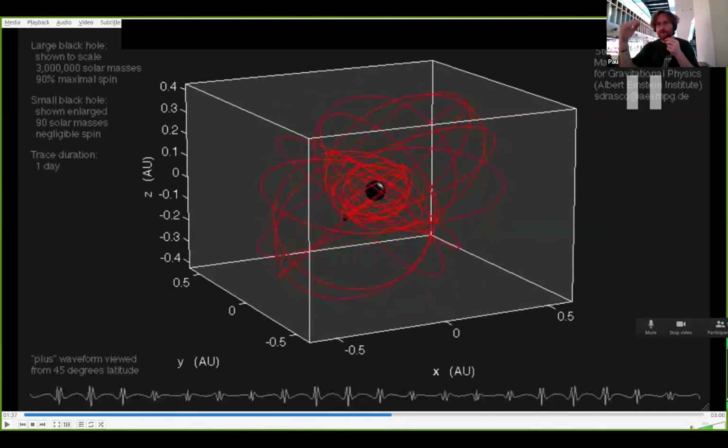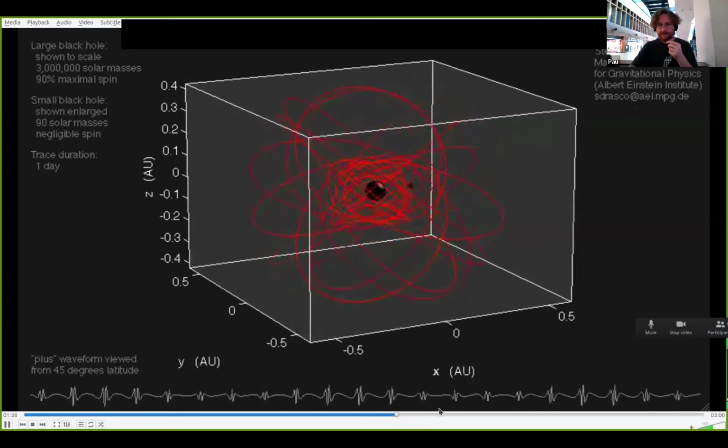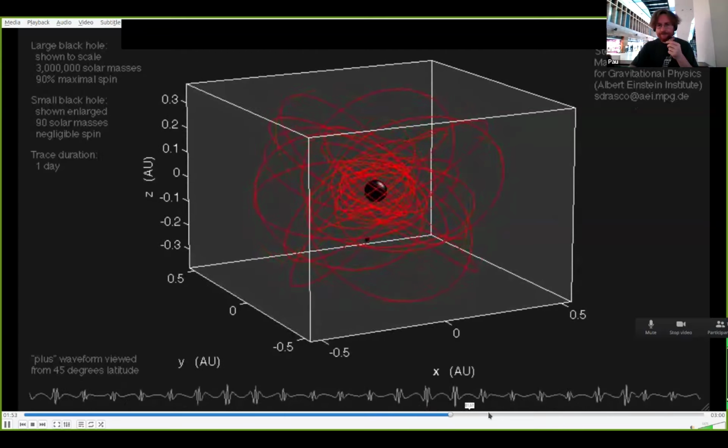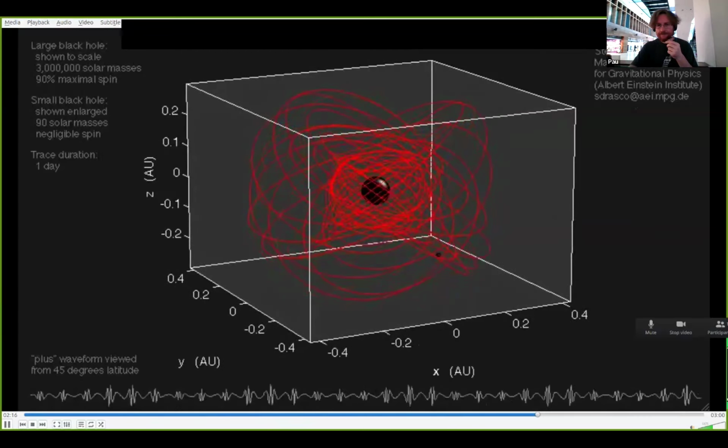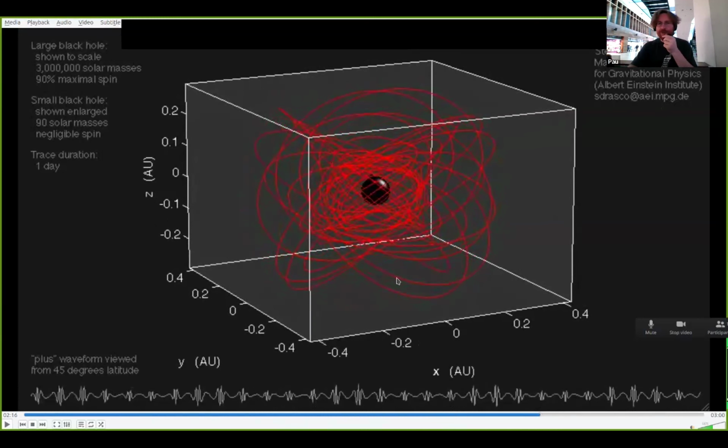You hear how the frequency is going up. We say in gravitational wave astronomy that the mass is chirping, it's pitching up. We will start to see around here how resonances form.